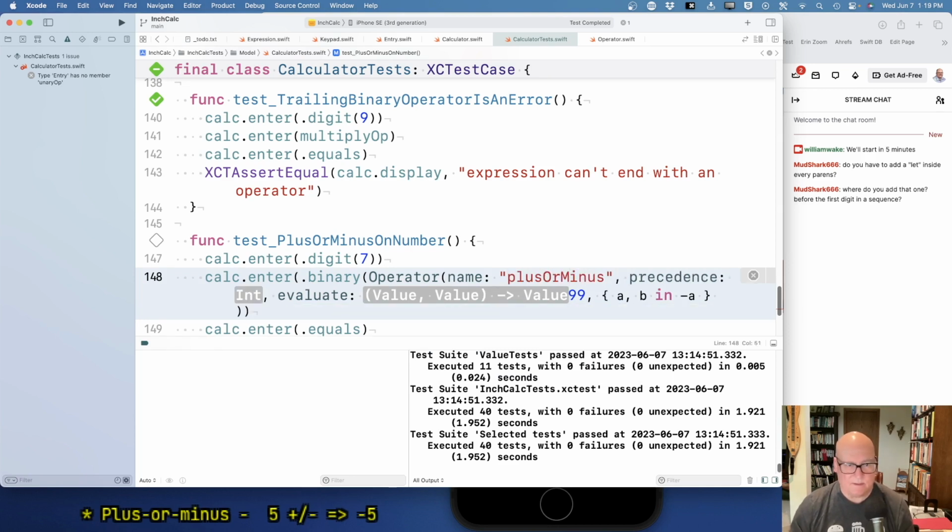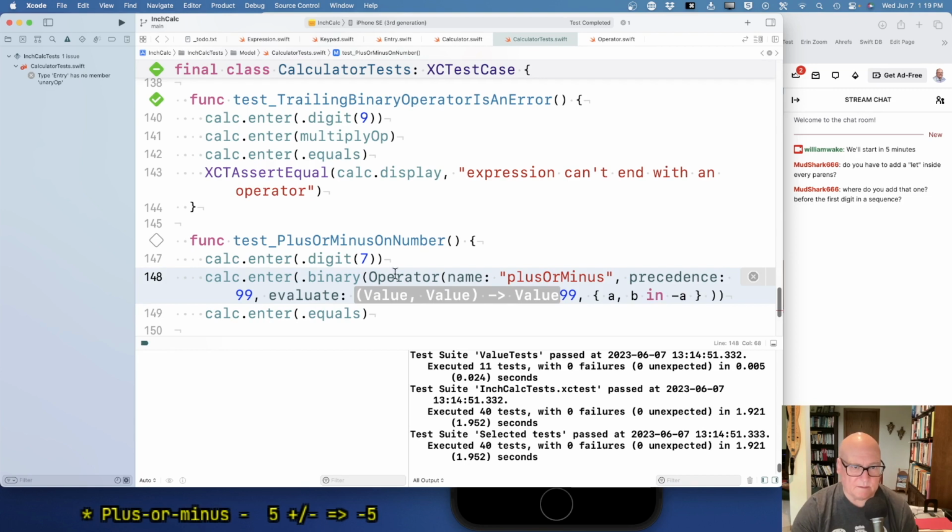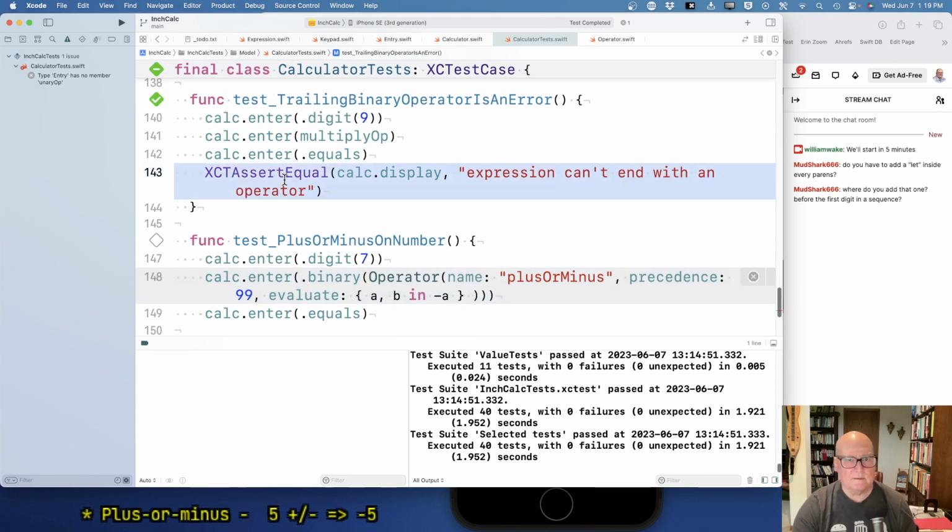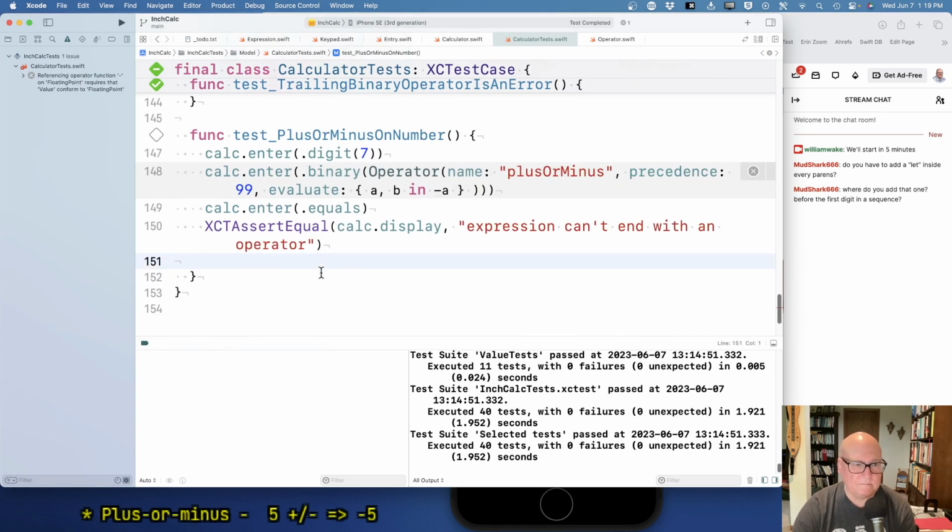Notice we don't care what the name is. 99. And then this function. This looks too goofy to me. Operator and that. Enter equals, and then I guess we expect minus 7.